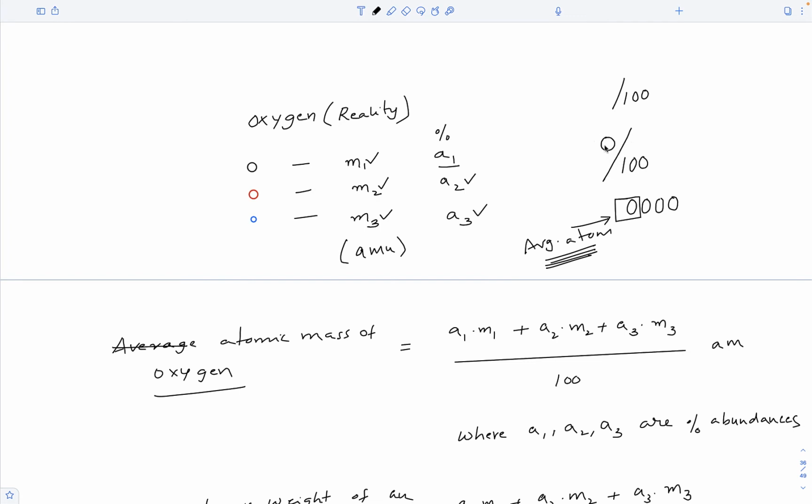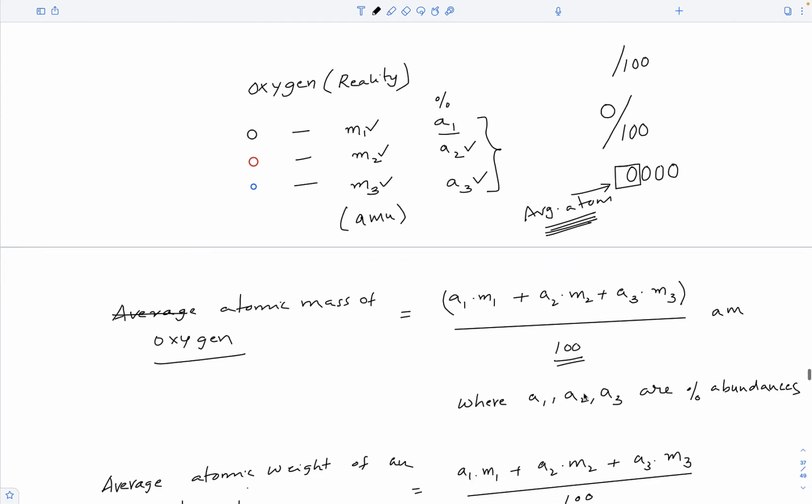This is created by adding up these atoms, in our imagination. A1 with mass M1, A2 with mass M2, A3 with mass M3. So the total mass of the lump would be A1 M1 plus A2 M2 plus A3 M3. Then we divided that into 100 identical atoms.